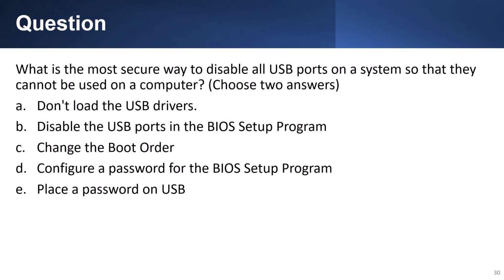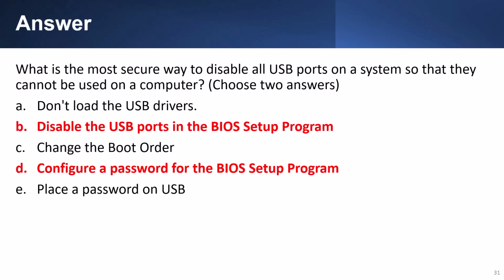Question: what is the most secure way to disable all USB ports on a system so that they cannot be used on a computer? Choose two answers. Answer: disable the USB ports in the BIOS setup program and configure a password for the BIOS setup program.